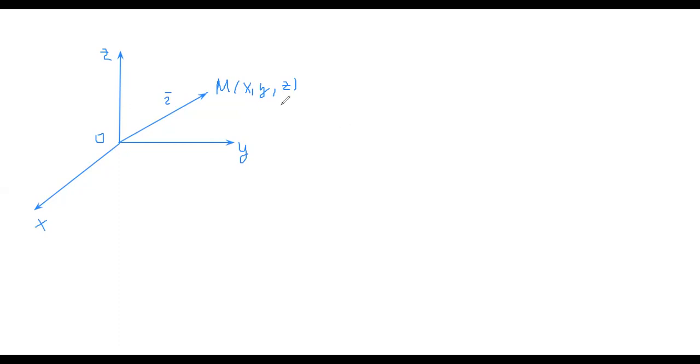And if we set some unit vectors like this, i, j, k, if we set these orts, we can connect our radius vector and Cartesian coordinates.